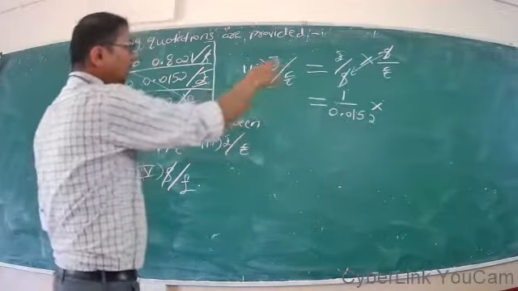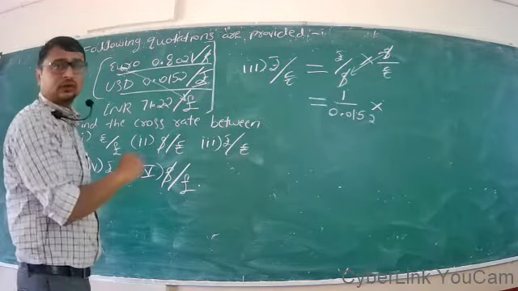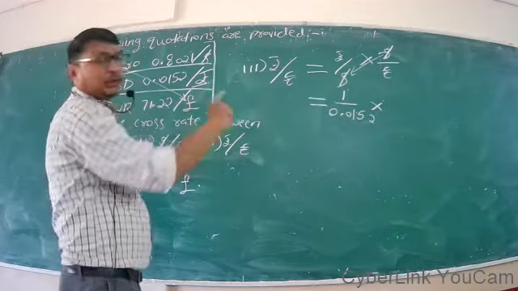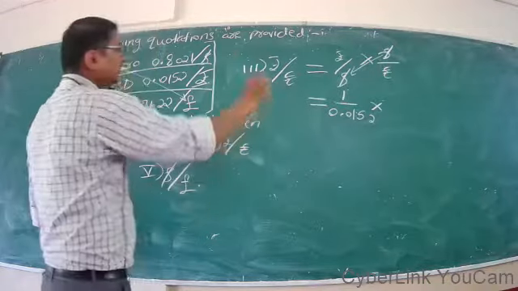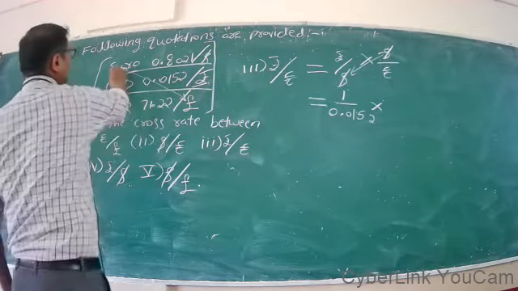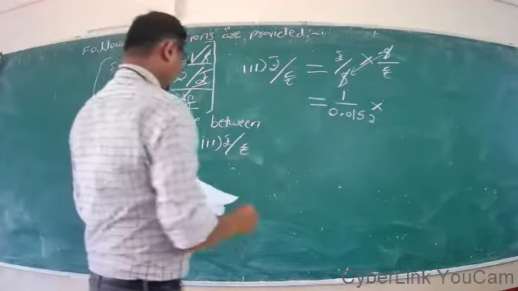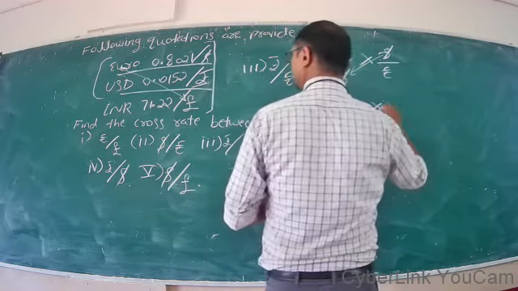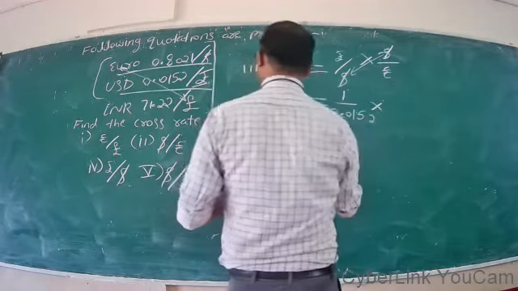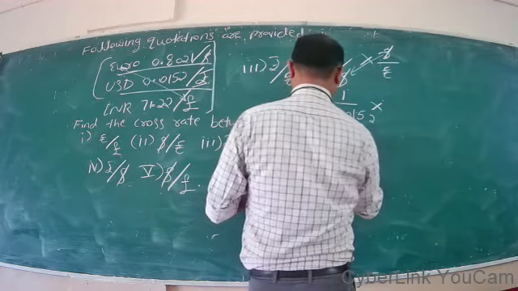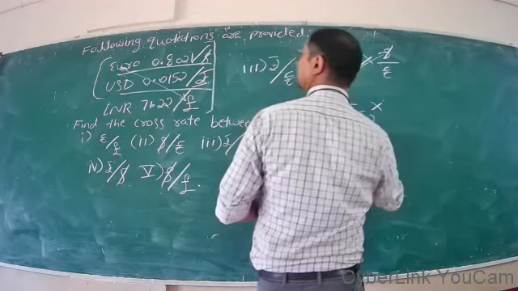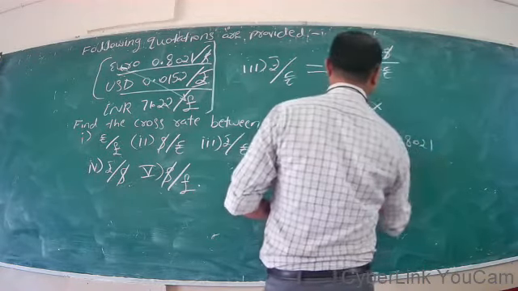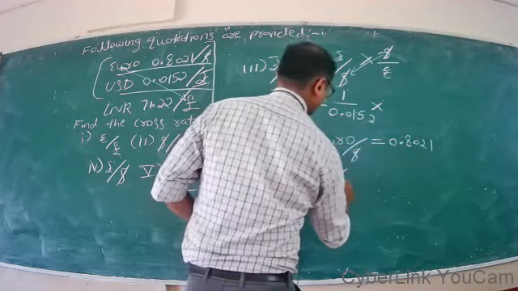Dollar per rupee is given as 0.0152, but we need rupee per dollar, so we have written 1 by 0.0152, right? Then dollar per euro: euro per dollar is given as 0.8021. Now we need dollar per euro.